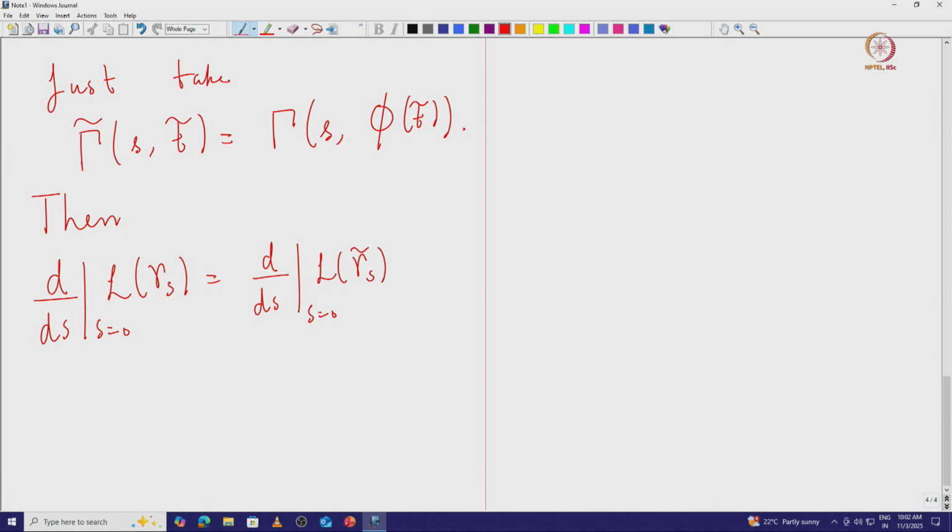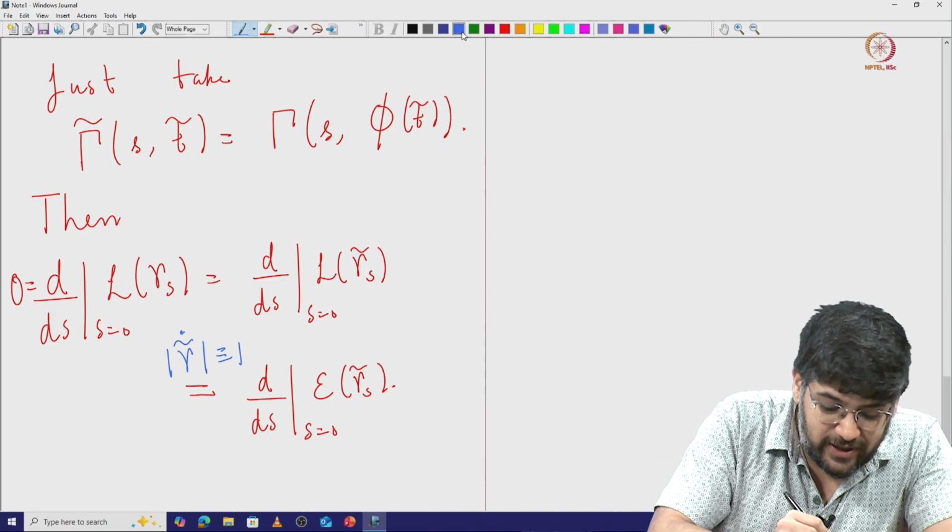So the length functional remains unchanged, right, but because gamma tilde is now reparameterized to have unit speed, the derivative of the length functional is the same as the derivative of the energy functional, okay, and this is 0 because gamma is a critical point.